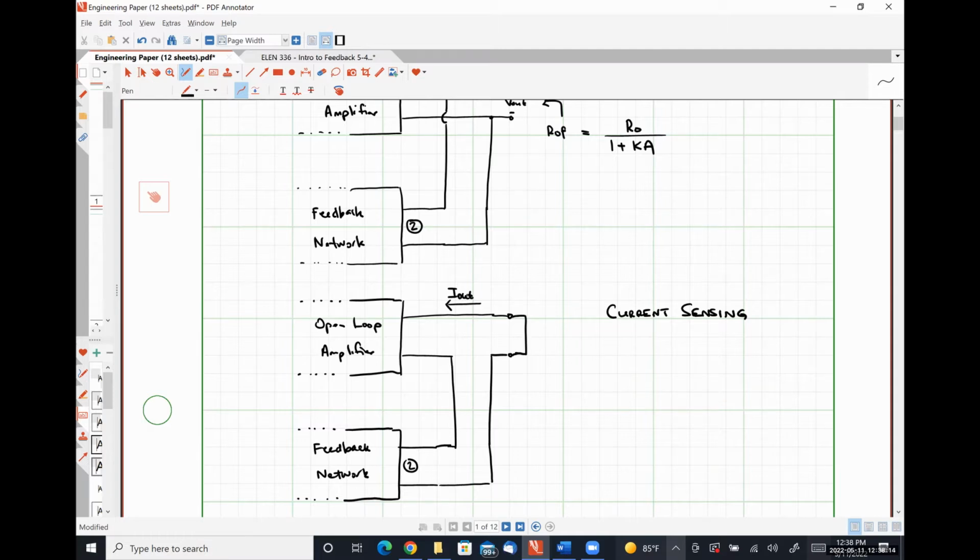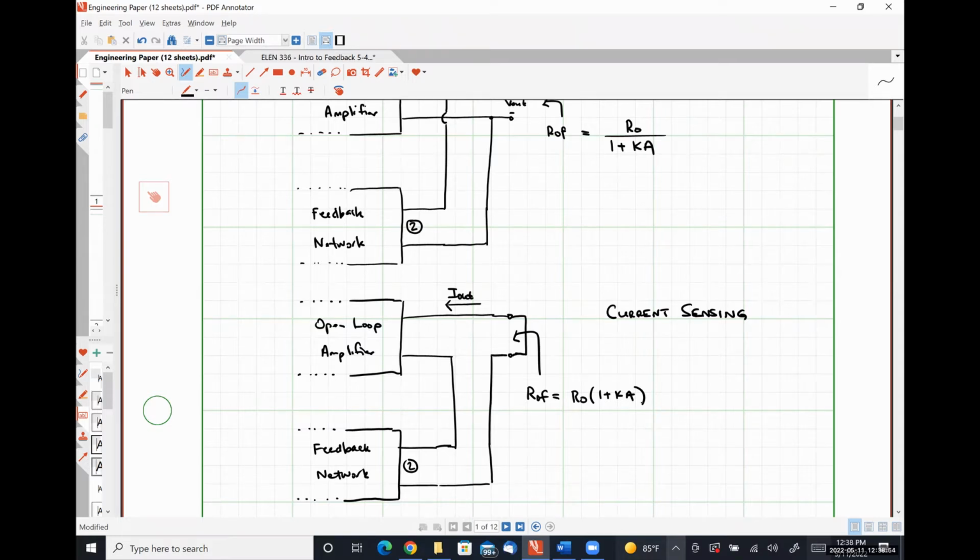It's flowing in this direction. And if we look into our shorted out output terminals, we're going to see our output resistance with feedback is R0 times 1 plus Ka. Okay. So in a current sensing configuration where our feedback network is connected in series, we boost the output impedance of our open loop amplifier configuration.